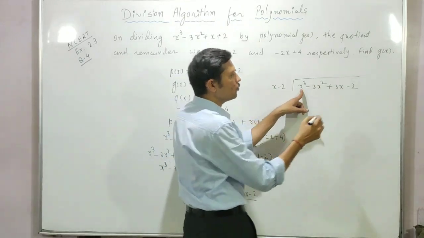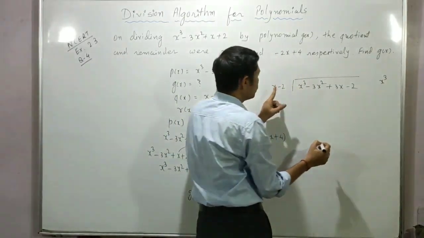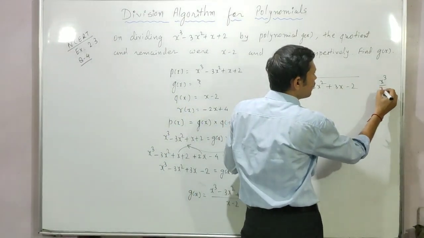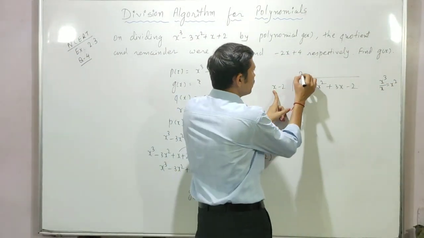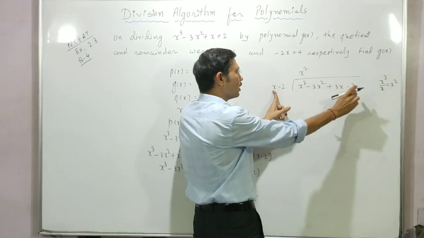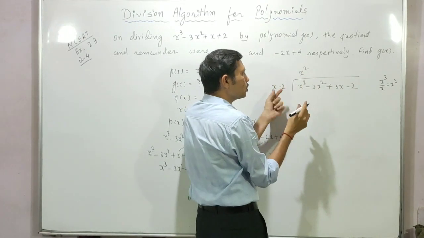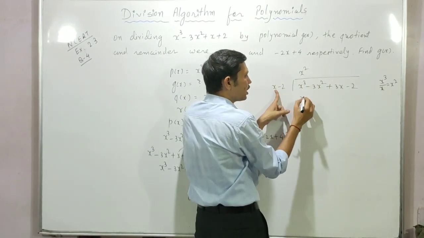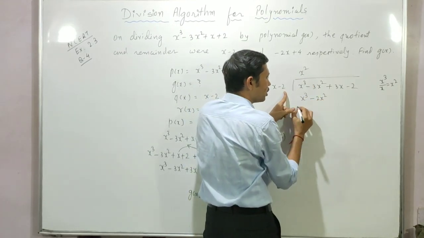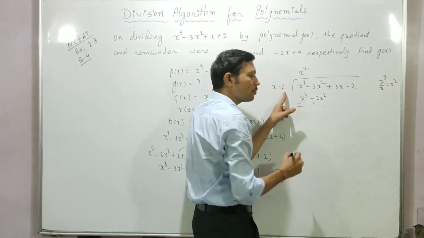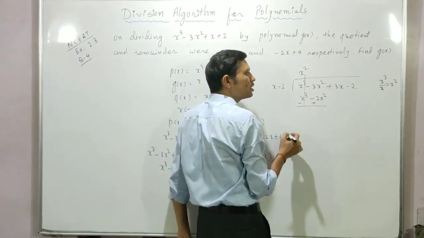Now for the first term of the quotient, x cube should be divided by the first term of the divisor, that is x, leaving x square. So the first term of the quotient is x square. X square multiplies with these two terms, x square with x cube, and x square with minus 2x, giving minus 2x square. Plus becomes minus and minus becomes plus, and they will be subtracted.